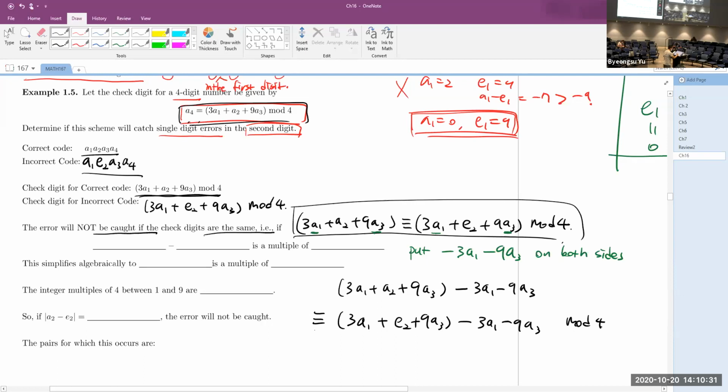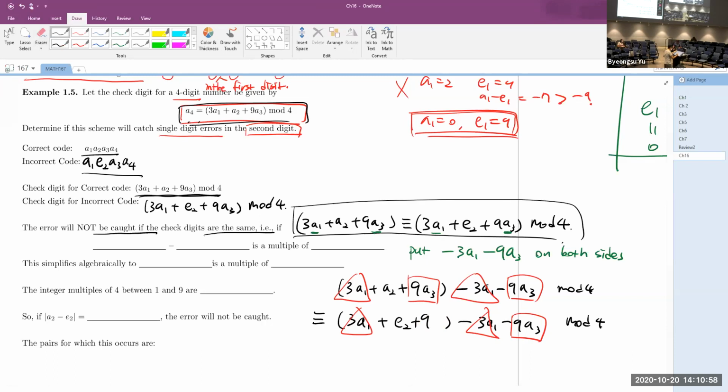Both are in mod 4. As we did in the first one, the 3A1 is canceled out and the 9A3 is canceled out.